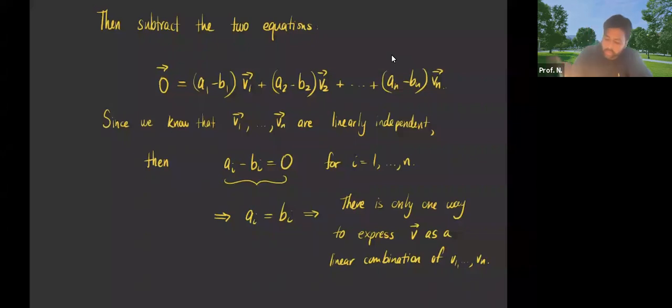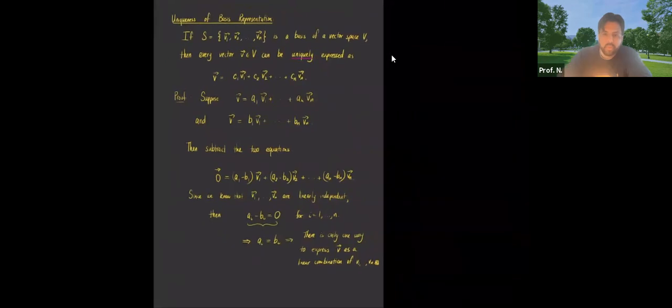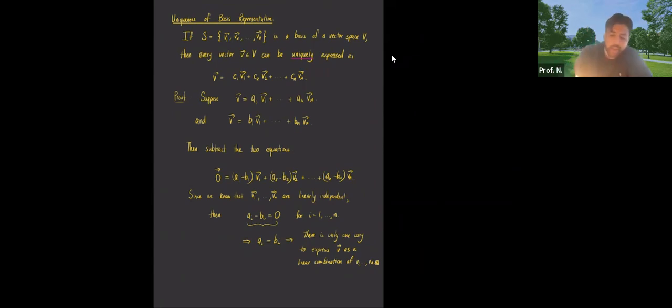And we end the proof. I think it's pretty nice. So for a fact, for every basis, no matter which basis you choose, there's only one way to express every other vector in the vector space as a linear combination of those vectors. And this is a proof.